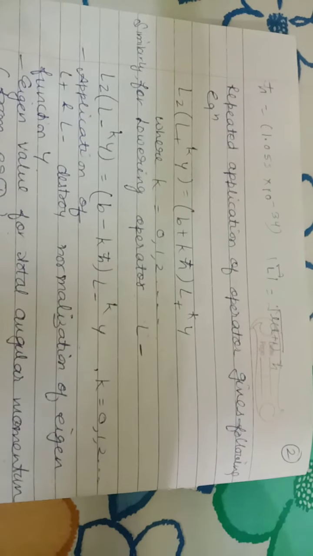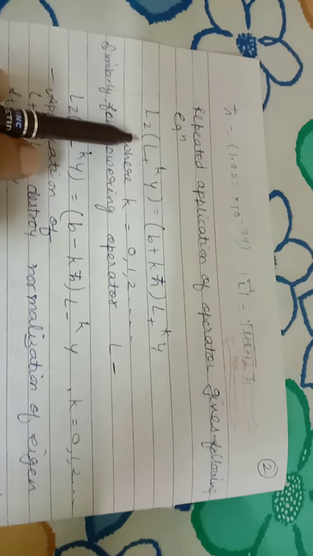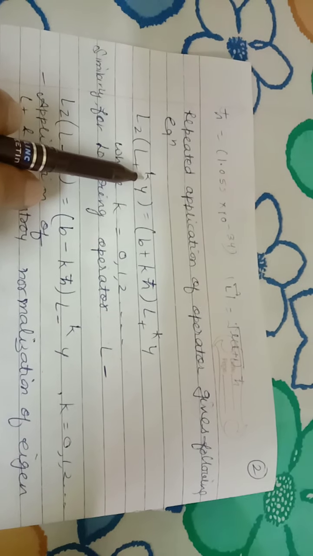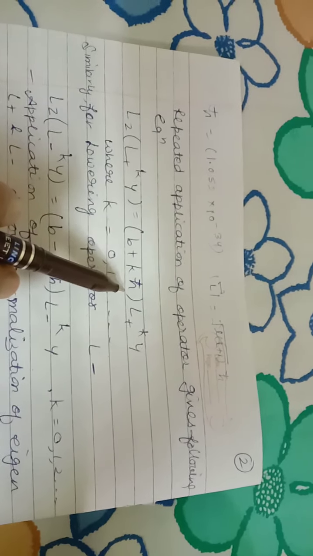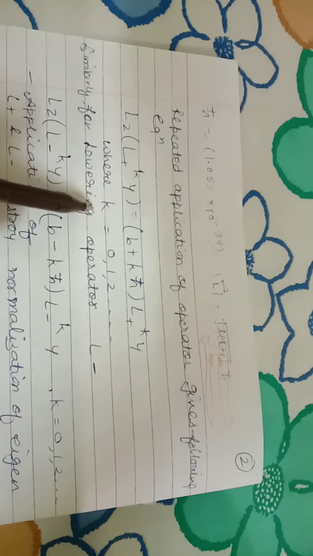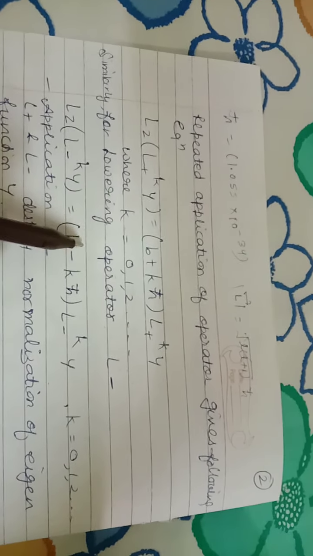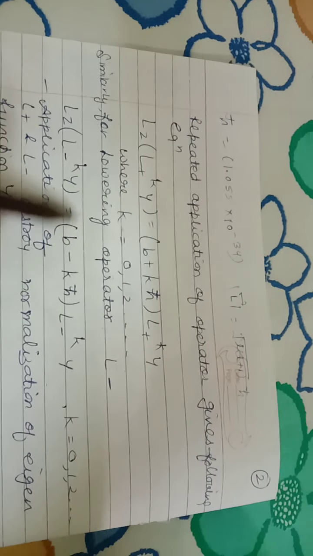On repeated application of the operator we get the following equation: Lz L plus raised to power k ψ is equal to B plus kħ times L plus raised to power k ψ. Here k is equal to 0, 1, 2 and so on. Similarly, when we use the lowering operator we obtain this expression.